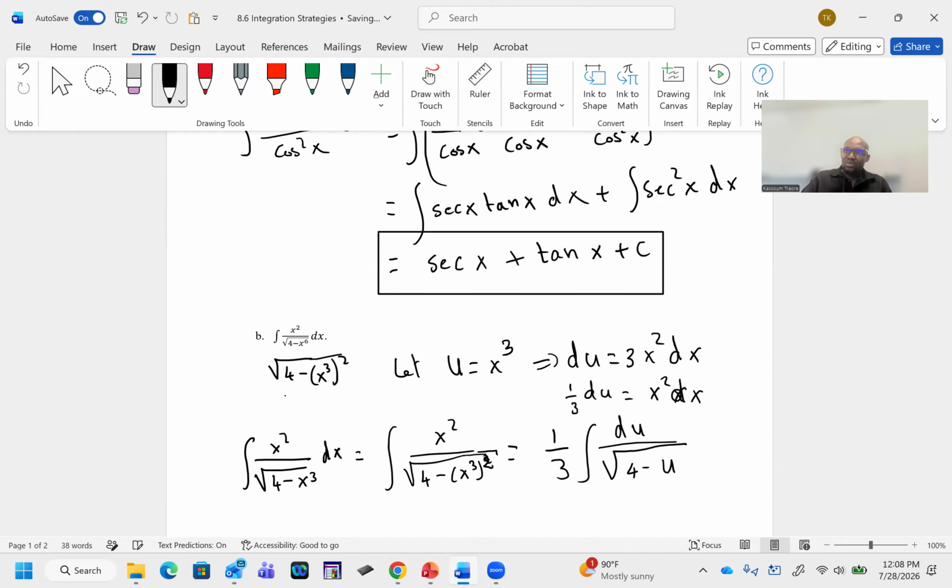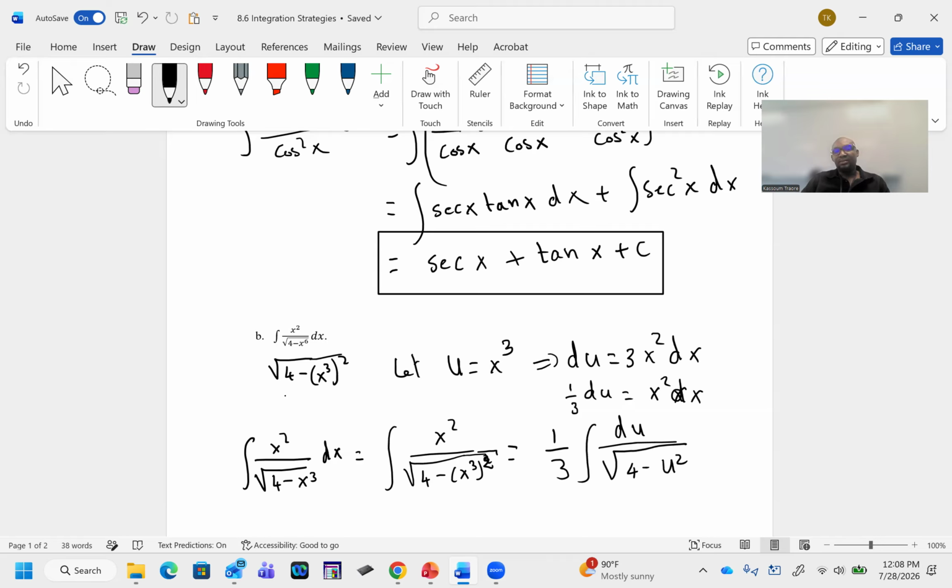And du divided by the square root of 4 minus u squared can be found in the table, right? You can find that in the table, which is like what? Sine inverse of x, right? And then what is our a? Our a is 2, because we have 4 here. 2 squared is 4.